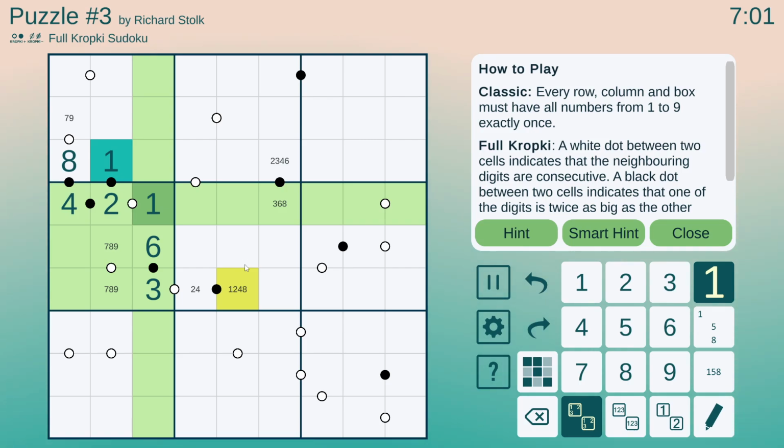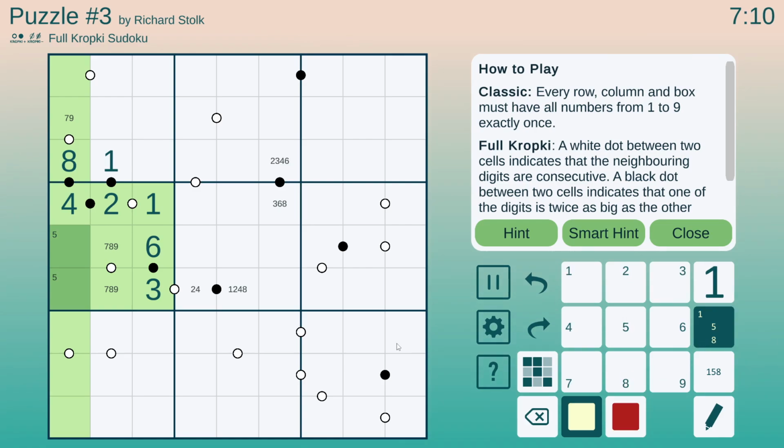And now where does 5 go? That doesn't look immediately useful. But that is a lot of numbers, which is something that I like to see. 8 can't go next to the 4, so 8 is somewhere in these 3 cells.